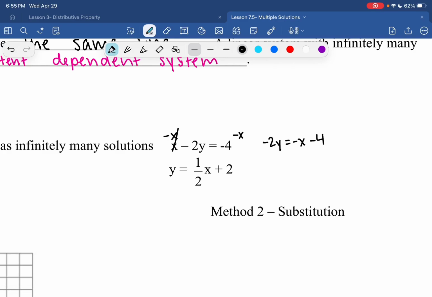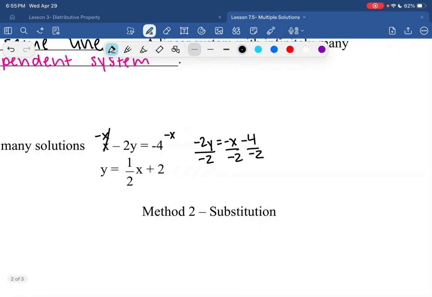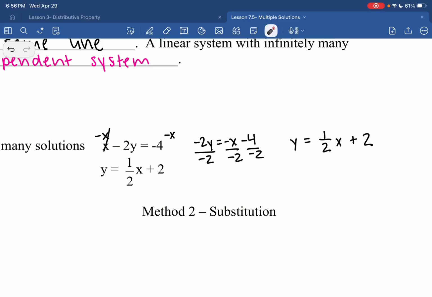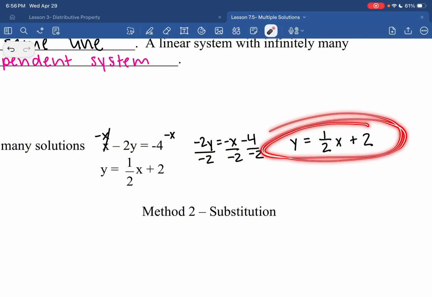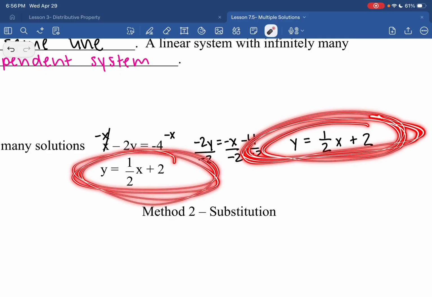And to get y by itself, I'm going to have to divide by negative 2 in all the terms in my equation, which then gives me y equals 1/2 x, because remember, a negative divided by a negative is a positive, plus 2, because again, negative divided by negative is positive. So if we take a looky here, this slope-intercept equation is the same as this.